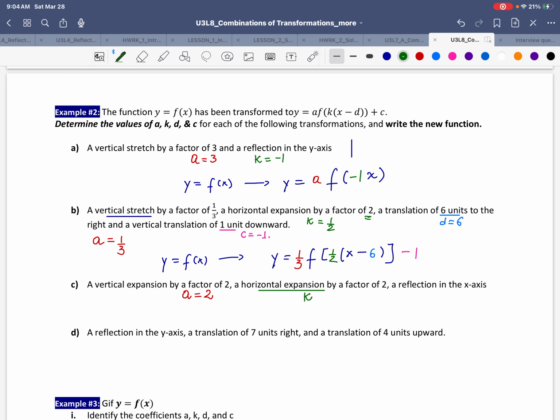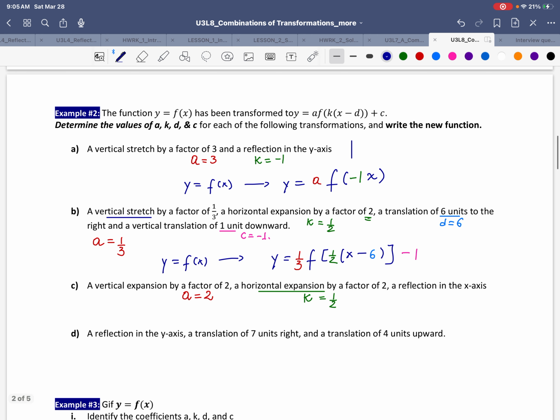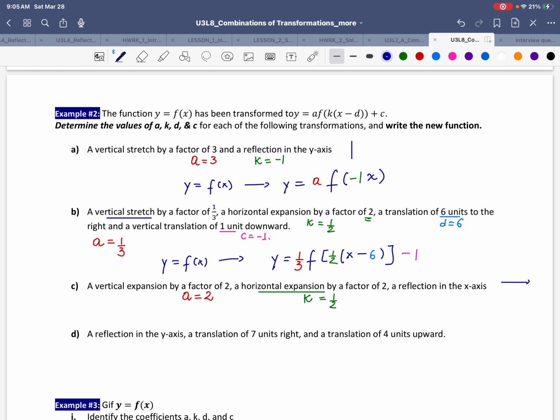That means that we have the coefficient k working here, and a factor of 2 means that k is 1/2. There is a reflection over the x-axis. Now remember that when reflection is on the x-axis, the points have gone from one side of the x-axis to the other, which means that the y-coordinates have changed to opposite. If the y-coordinates change to opposite, it means that a is -2.